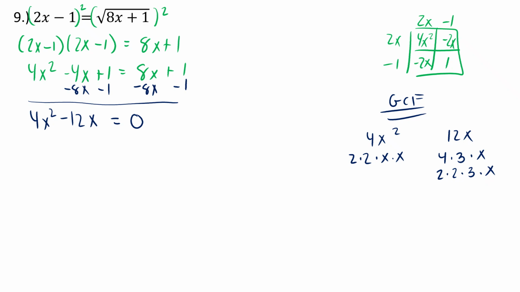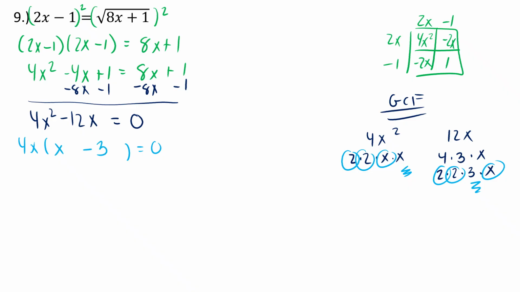And you look for what those have in common. Well, they have a 2 in common, and then another 2 in common, and they also have an x in common. So the GCF would be 2 times 2 times x, or 4x. So the 4x would come out. And then you'd look to see what was left over. Well, I have an x and I have a 3. And of course, the minus sign is still there.